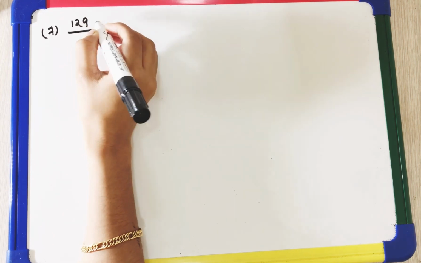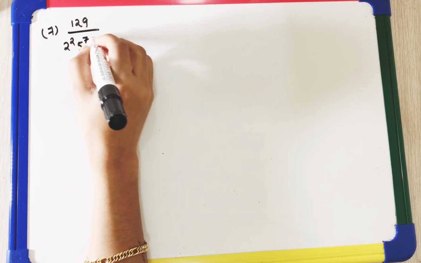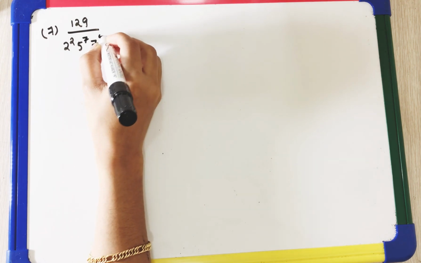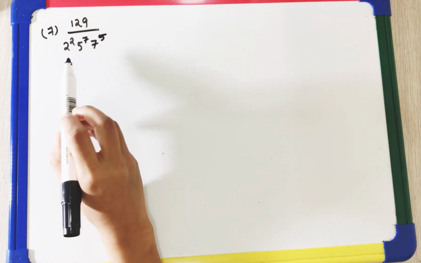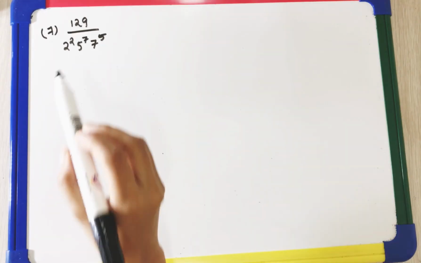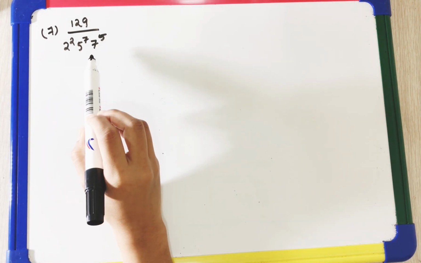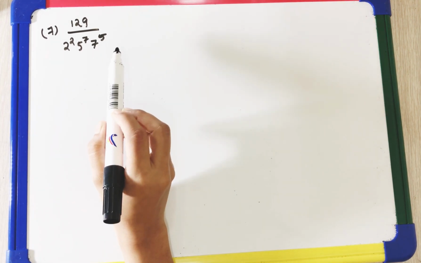129 by 2 square into 5 raised to 7 into 7 raised to 5. Clearly, which is not of the form 2 raised to n into 5 raised to m. The prime factorization of q contains the factor 7 also. So it is non-terminating repeating.